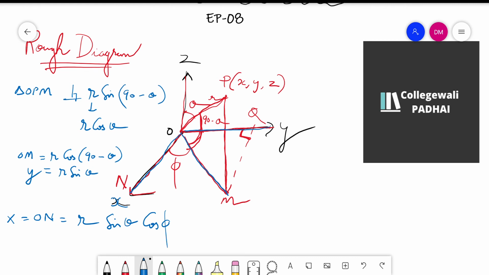And Y can be written as MN, this dotted line which I forgot to make. So M and N dotted line, you can see, is R sine theta sine phi. Yeah, so this was the concept.